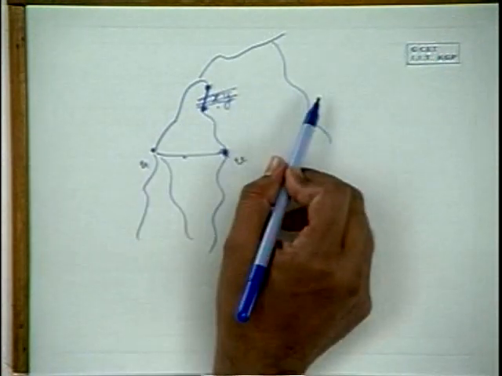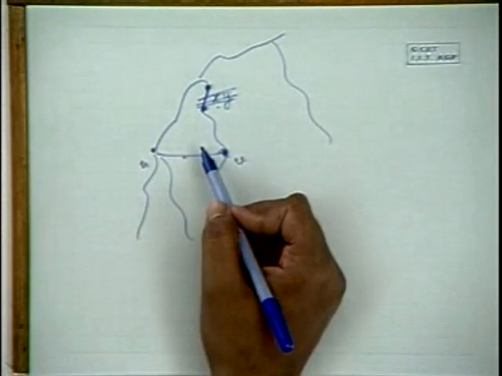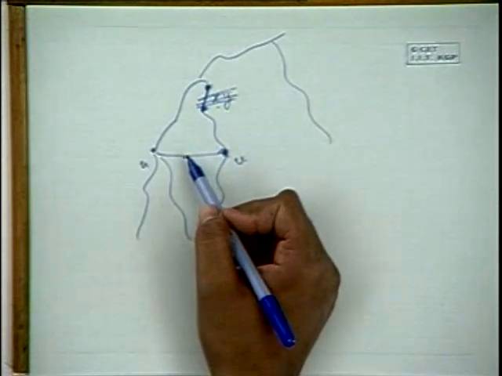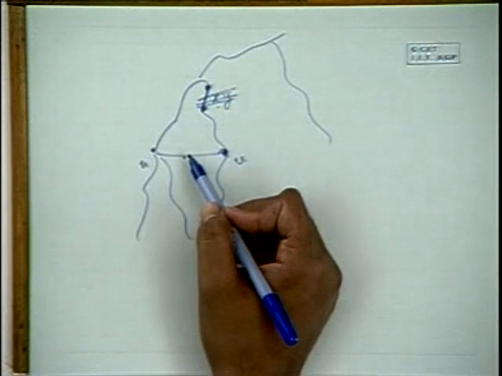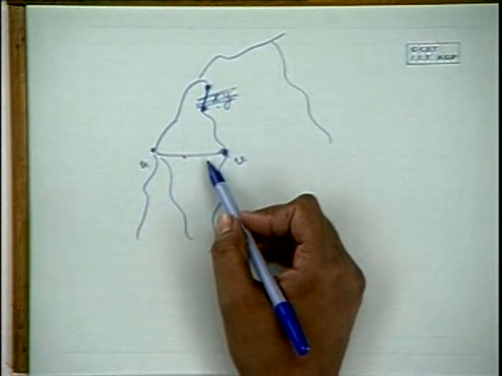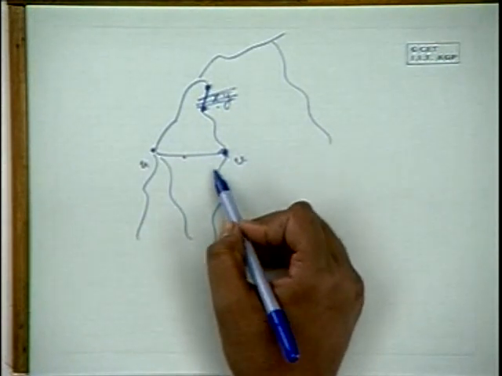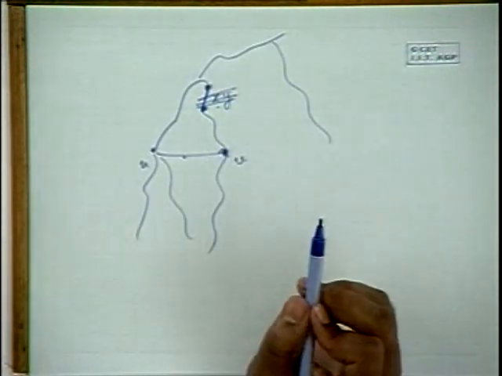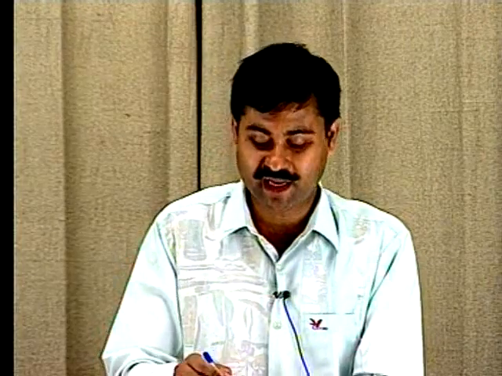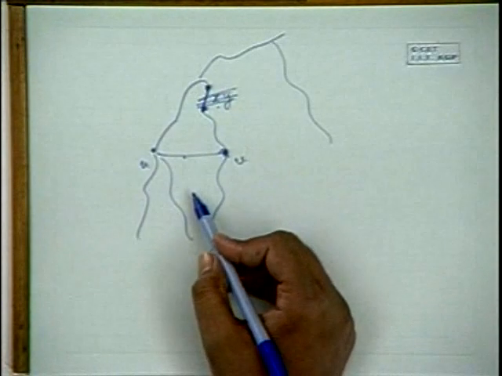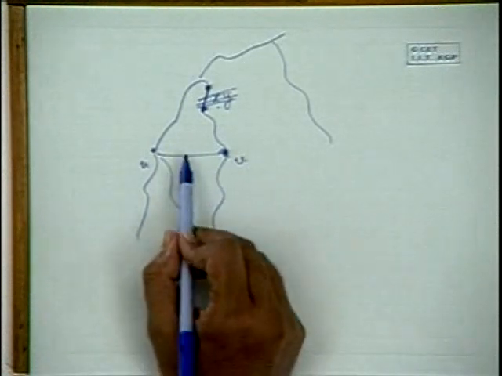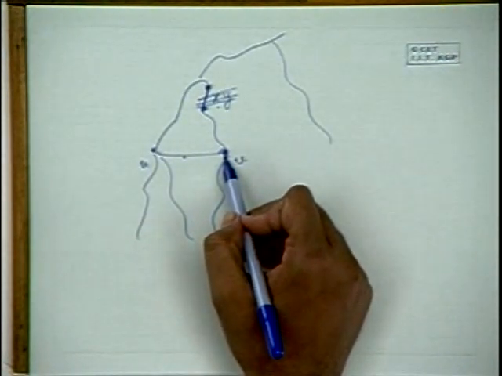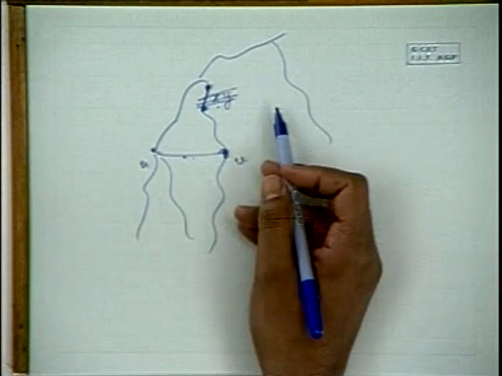If you delete XY and put back UV, the new weight of the spanning tree will be less than or equal to the previous spanning tree. But your previous spanning tree is a minimum spanning tree, so this one cannot be less than the previous spanning tree. So it must be the case that this is also a new minimum spanning tree. That means UV also belongs to a new minimum spanning tree. So that's why UV is safe for A.